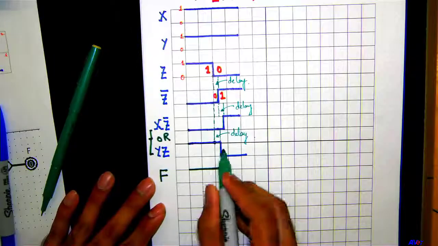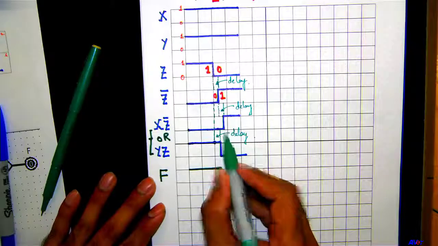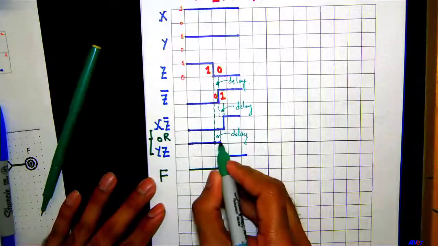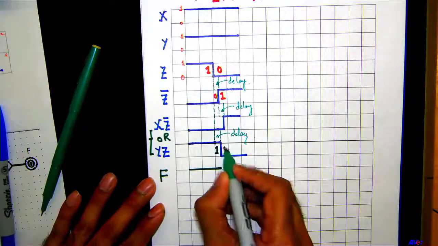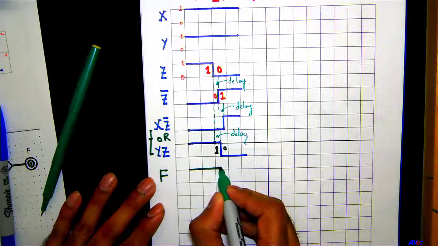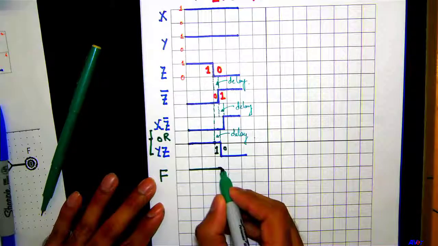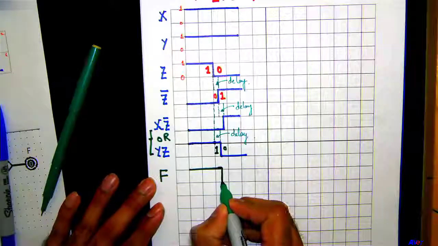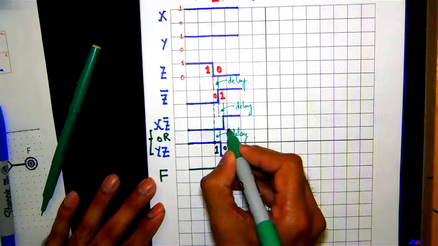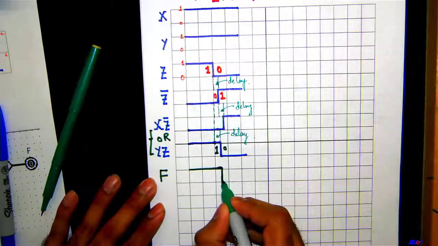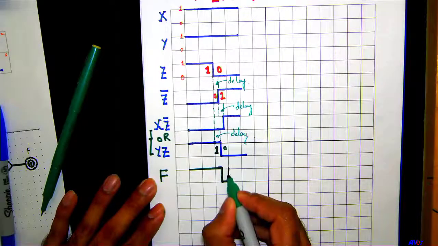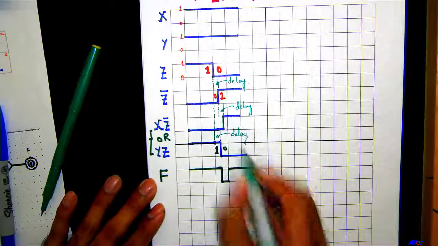Now, what's going to happen here? It's going to be high, but here the logic goes from 1 to 0. It stays high for a very small amount of time, and then it goes to 0, right? Here, the logic goes up again. So after a small amount of time, it goes up to 1 again, and then it stays 1 because this is high.